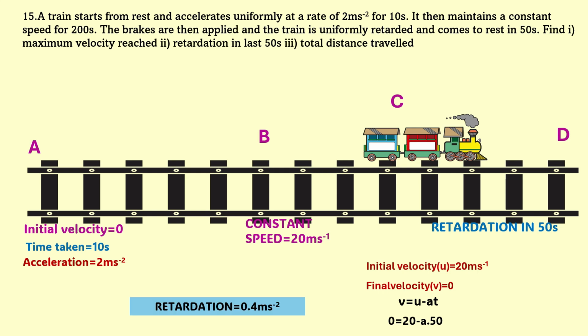So using this you are getting the retardation as 0.4 meter per second square.